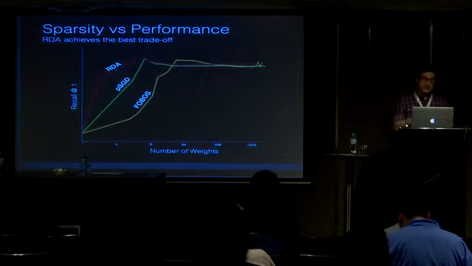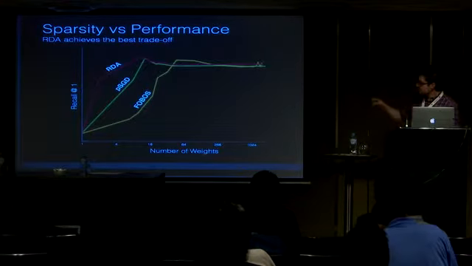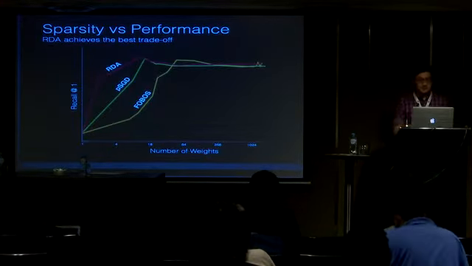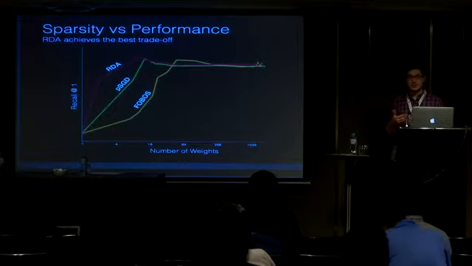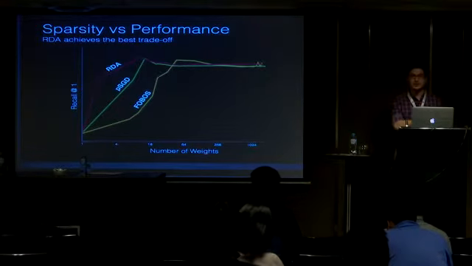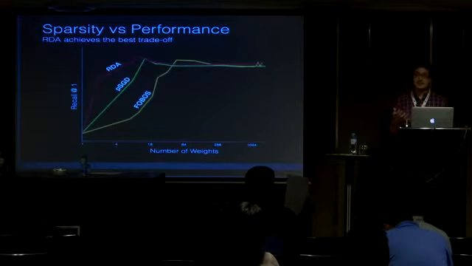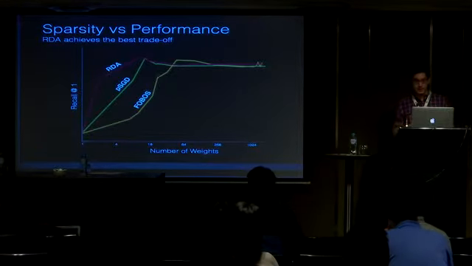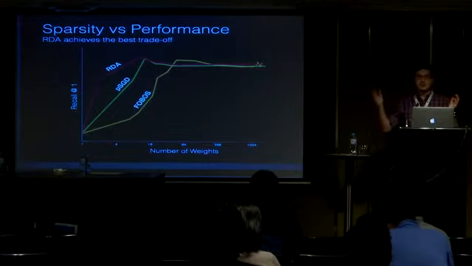You can see Phobos is kind of not doing a good job of choosing the right features. Then the simple heuristic of pruning every k iterations does quite a good job and it's very stable. Whereas RDA, the regularized dual averaging, strikes the best balance. As you can see, for example, with only 10 features, it is as good as using thousands of features.